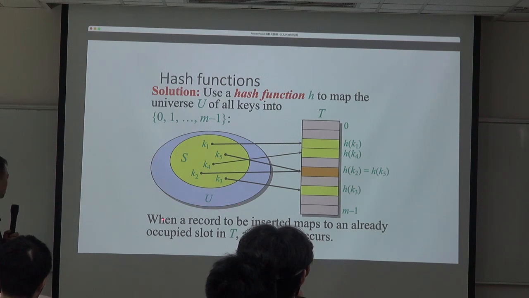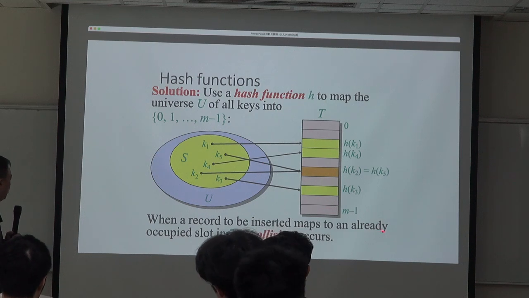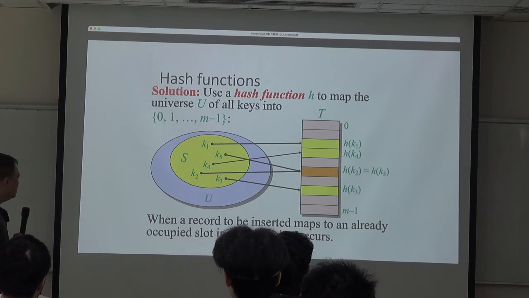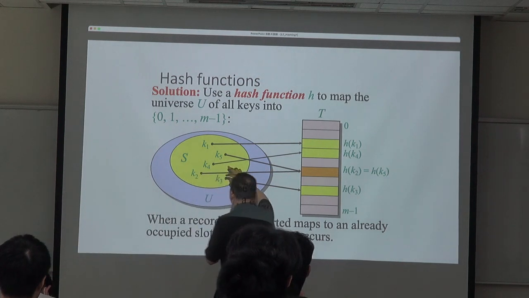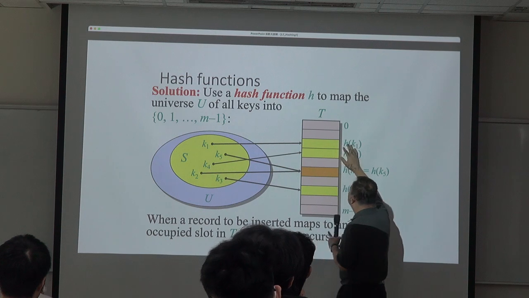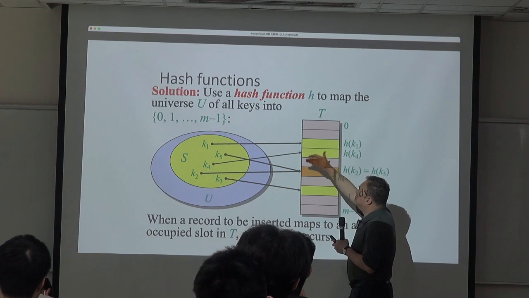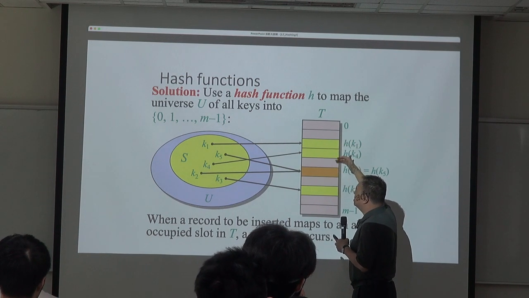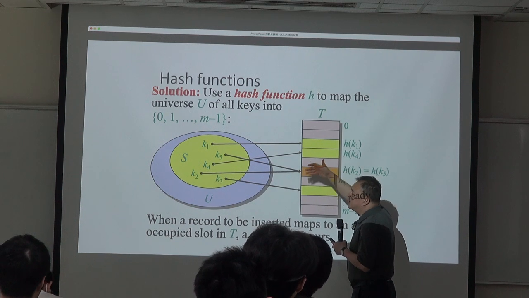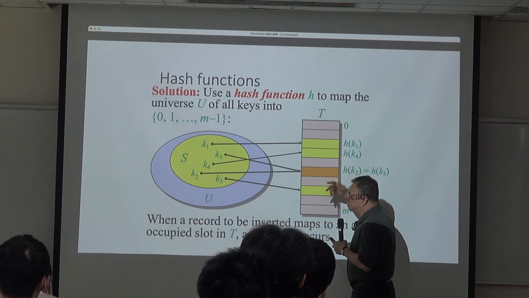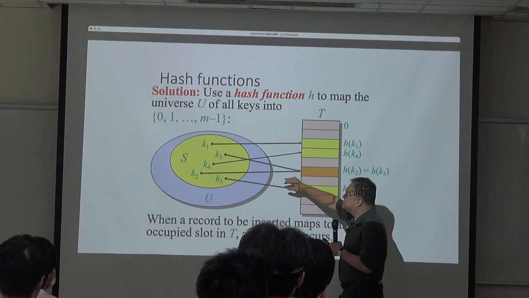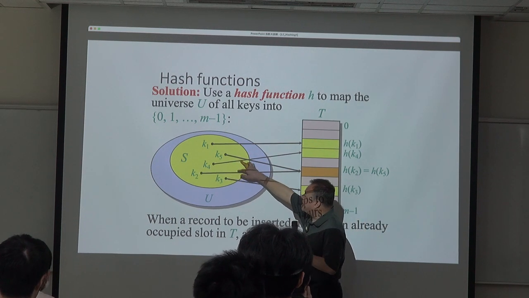Okay, so when a record to be inserted maps to an already occupied slot, supposedly, you can look at this example. Each key is mapped to a different location, but there's some issue. First issue, K2, K5.